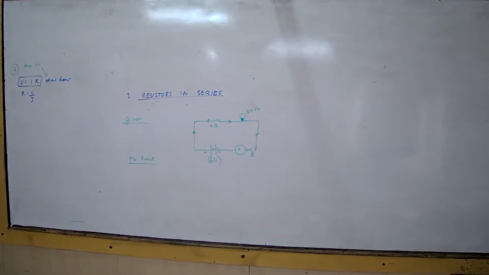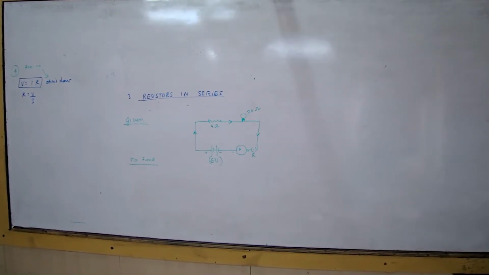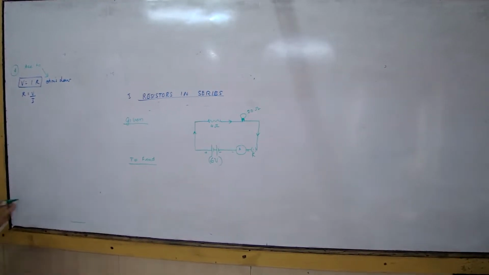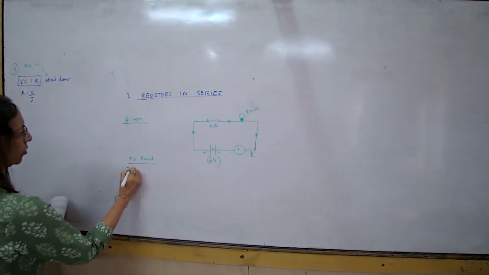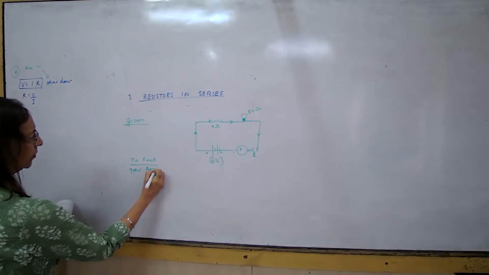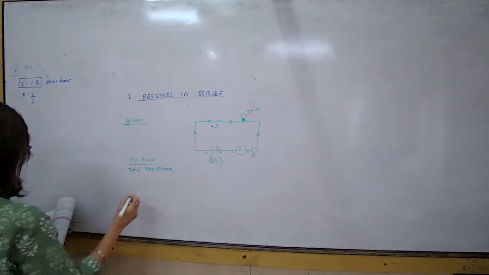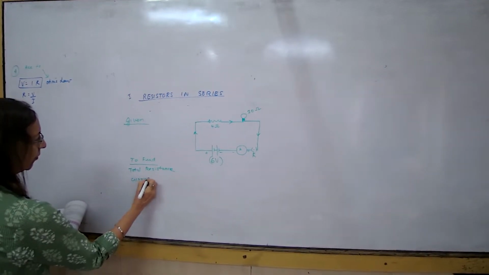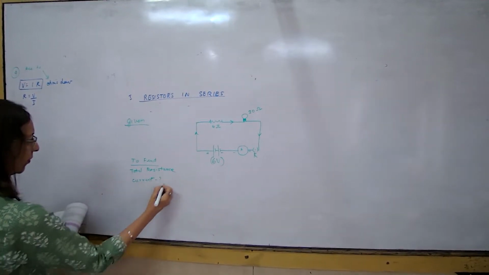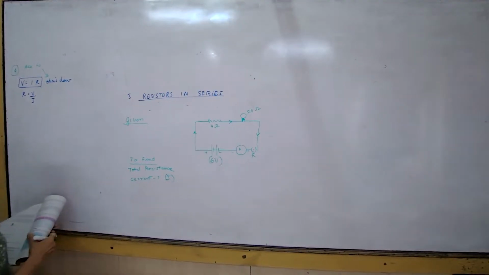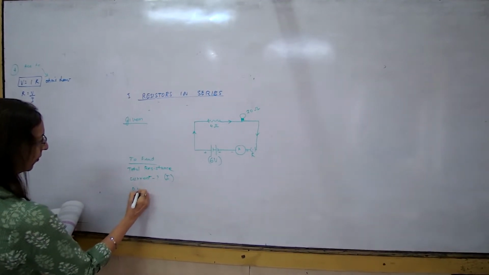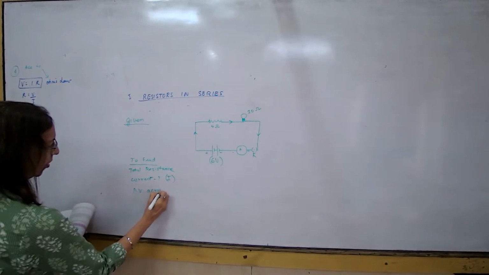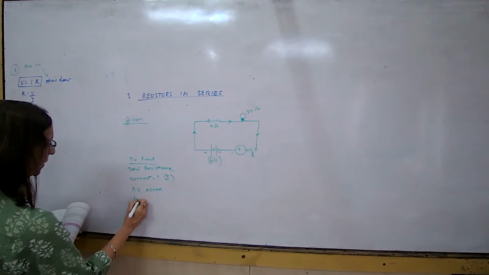Ishan, ready? Sketch it out in your notebook, please. Calculate the total resistance. So what should we find? Calculate the total resistance across the lamp and the conductor.